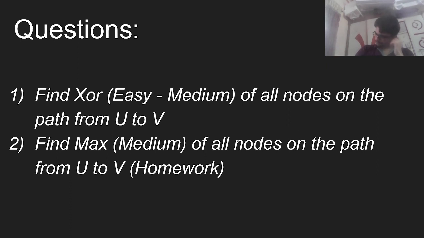Exactly. So what we can say is max node I is equal to max of max node I minus one, comma, max of ancestor node I minus one. Yes or no?